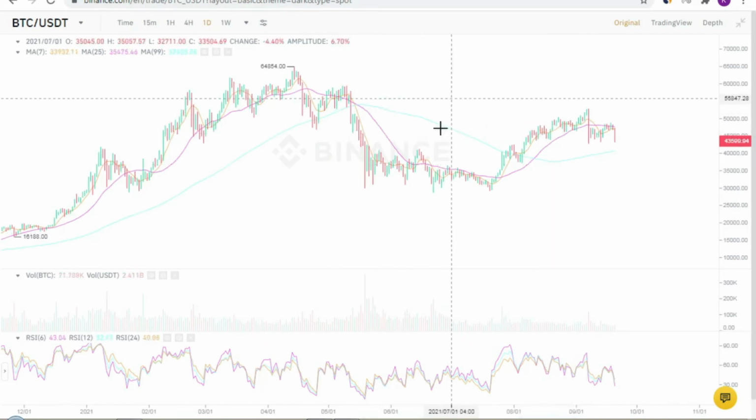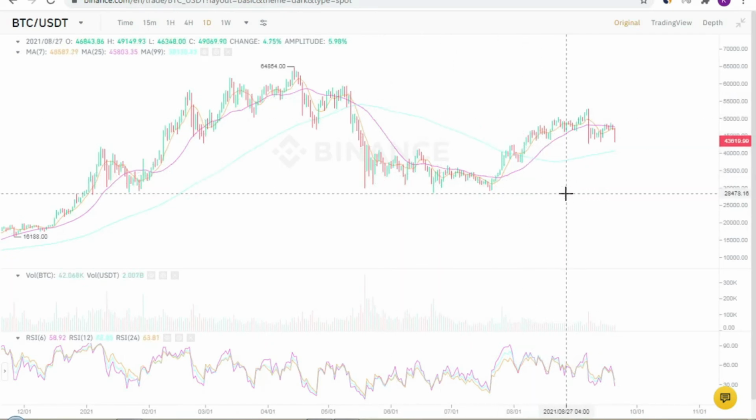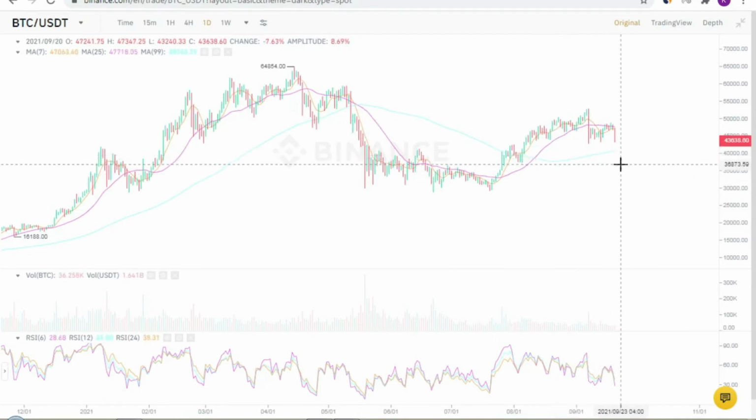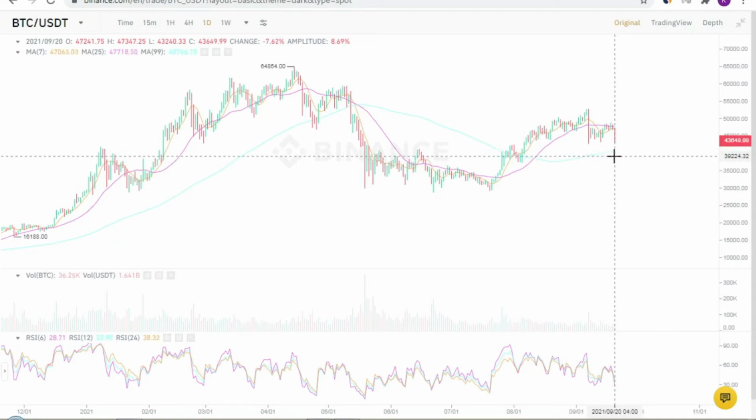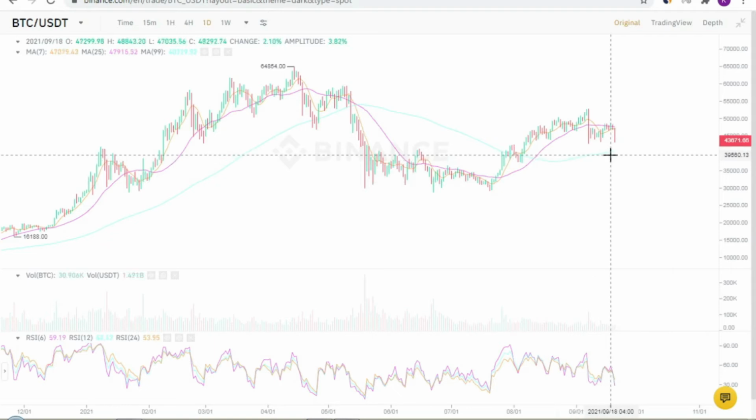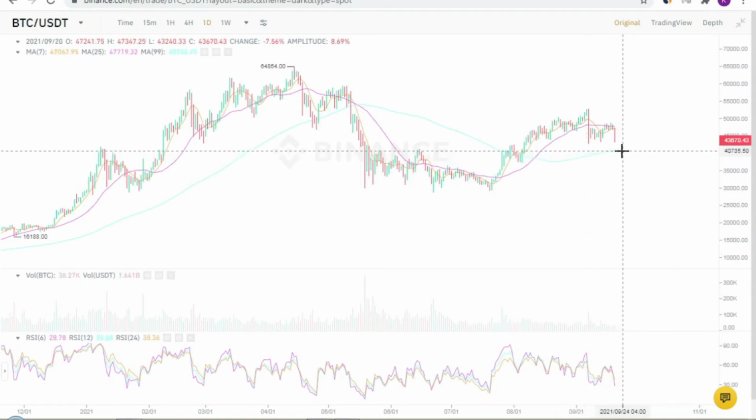Now you must be confused about what these lines are, like what do they mean? So these are the moving averages. This blue line here is the long-term moving average. This means that the market has generally agreed that the price for Bitcoin should be $40,000.